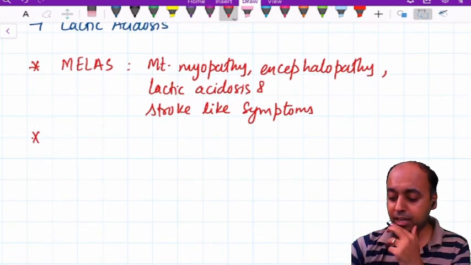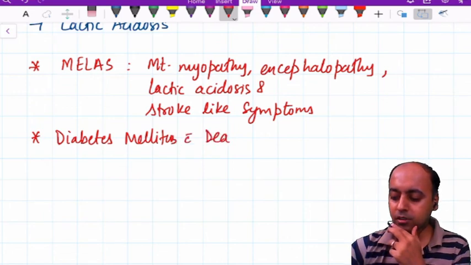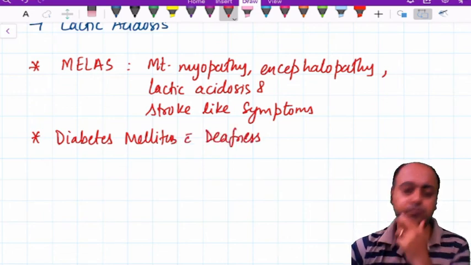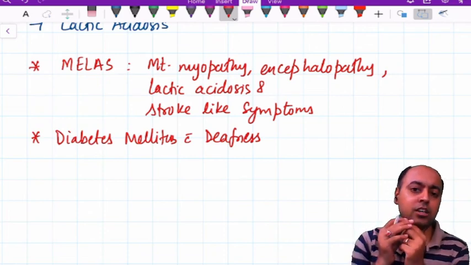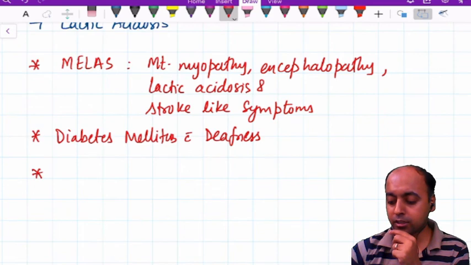One of the types of diabetes where the diabetes is associated with deafness is due to the mitochondrial DNA disorder.